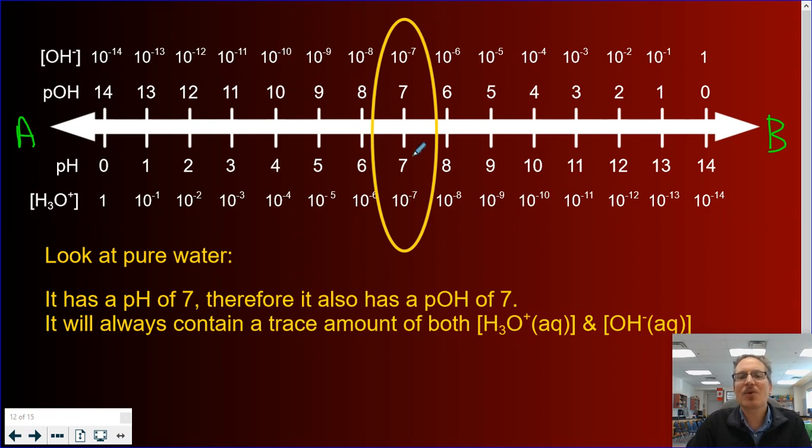At 7, they're going to be equal, because if you are neutral, your pH is 7, your pOH is 7. They are equal. Hydronium ion is not winning, hydroxide ion is not winning. You'll notice their concentrations are exactly the same, because this is a perfect mix for water. It's got properties of acids and bases. They cancel out, so they are going to be neutral.